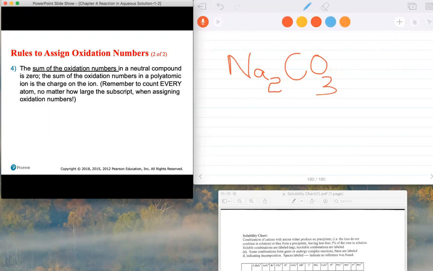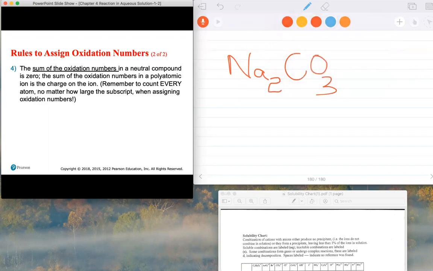You assign the most electronegative element, the one at the end, first priority in assigning oxidation state based on the periodic table. And also the first one takes first priority in assigning oxidation state using the periodic table.